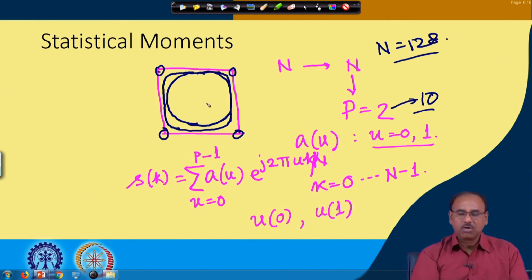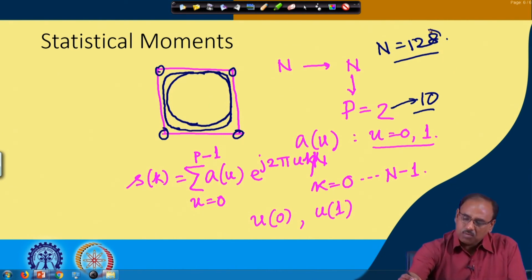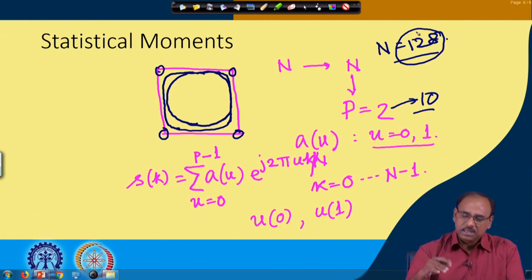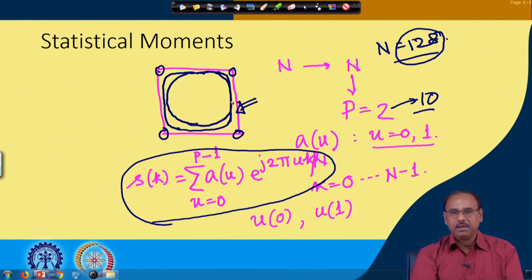It is not a perfect square, neither a perfect circle. So, I get some detailed information present in the reconstructed signal. Only when I consider all 128 coefficients in the reconstruction, or u varies from 0 to 127 in this inverse Fourier transformation expression, will I get back my original shape, which is a square.